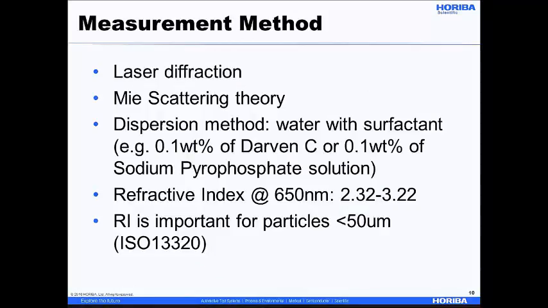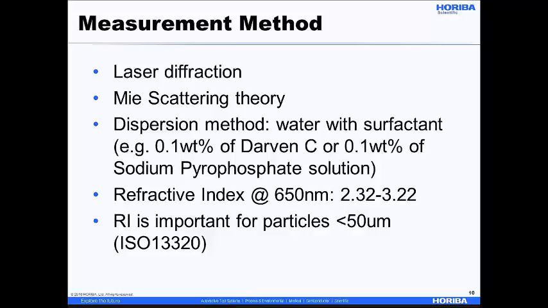For our presentation, for our testing, we used a HORIBA LA-960 laser diffraction unit that uses Mie scattering theory. We dispersed these particles in water with surfactant. In this case, we used 0.1 weight% of sodium pyrophosphate.